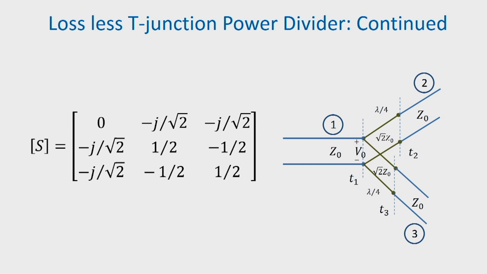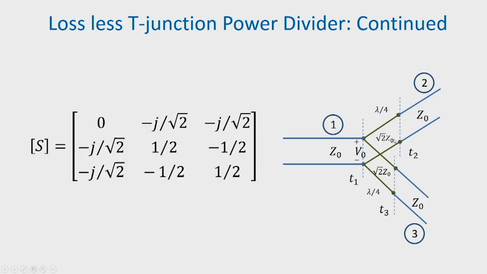For port 1 it was Z naught, for port 2 and 3 it was 2 Z naught. Now, here we can have the same impedance at all the 3 ports. What we can do? We can use a lambda by 4 transformer with a characteristic impedance root 2 Z naught.